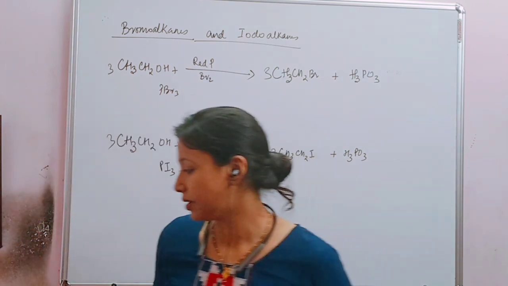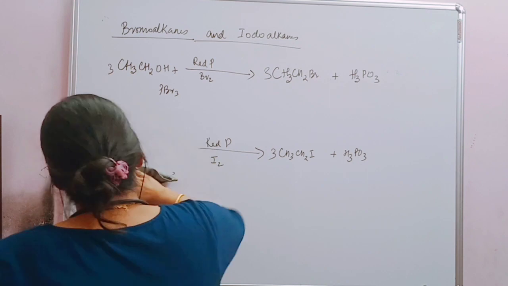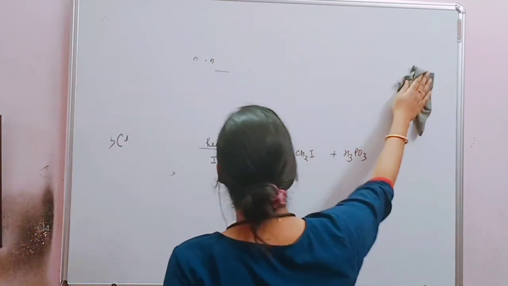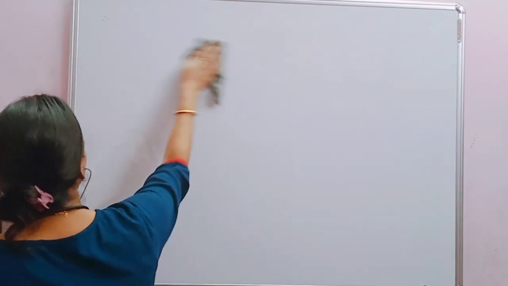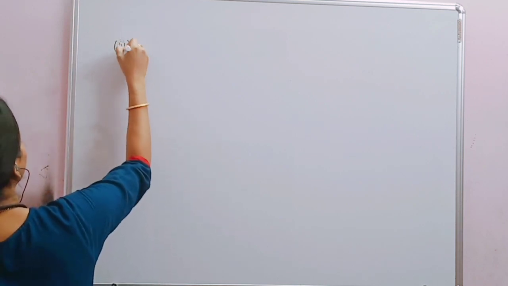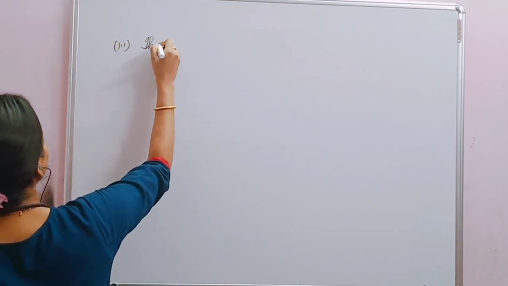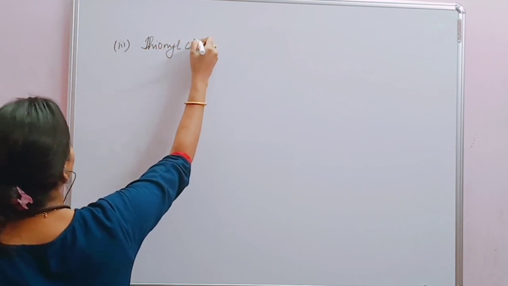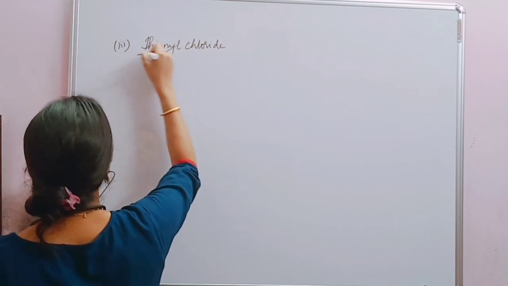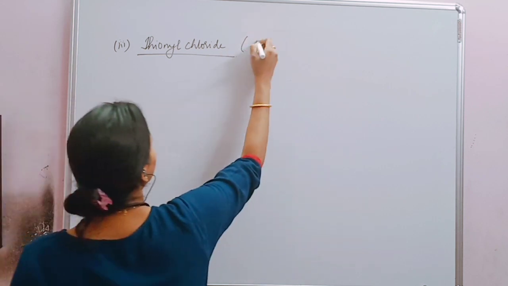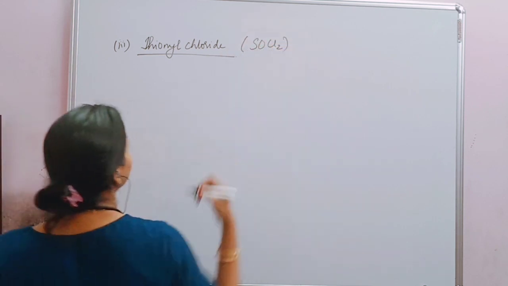So this is for bromoalkanes and iodoalkanes. The last method, and the most important one, is the third preparation, from thionyl chloride. The formula of thionyl chloride is SOCl2.